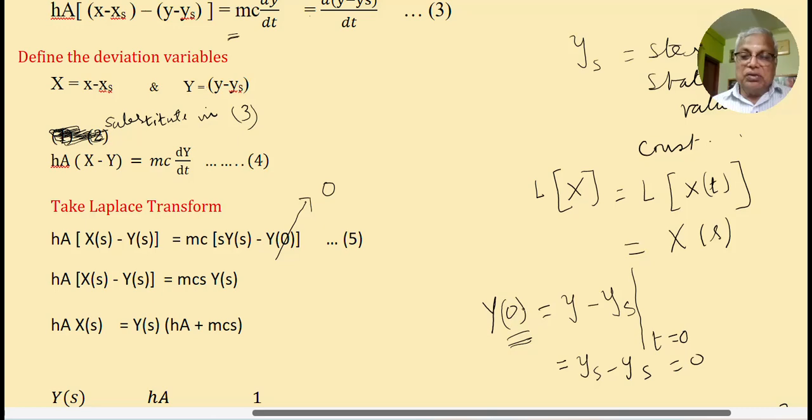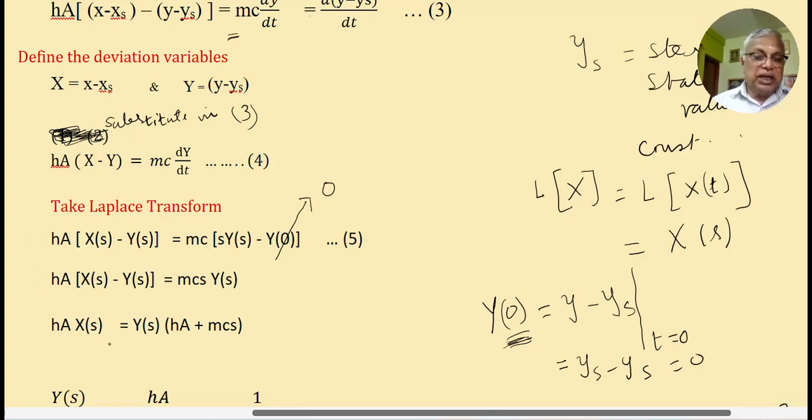You have to consider this as the initial value of the deviation variable. So initially at t equal to 0, there is no deviation. So straight away this becomes 0. Now if you simplify this, taking y0 as 0, the remaining equation gives ha into x of s minus y of s equal to this.